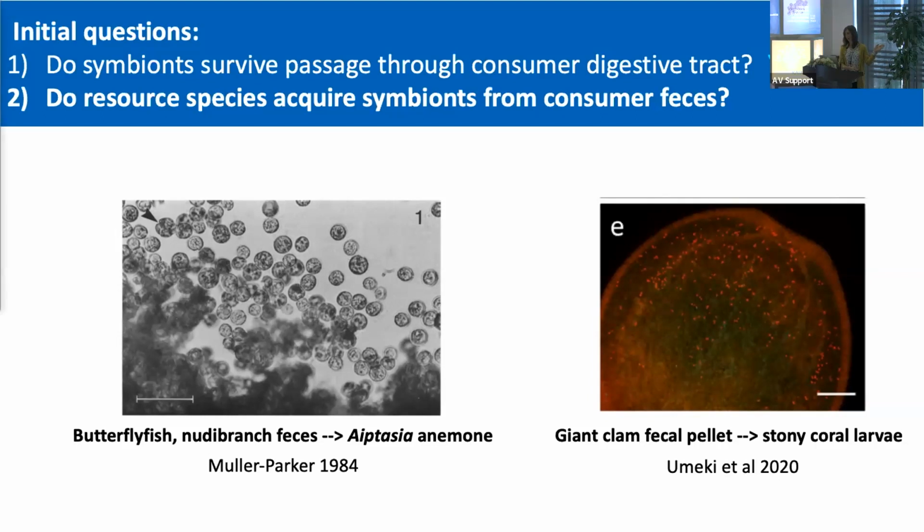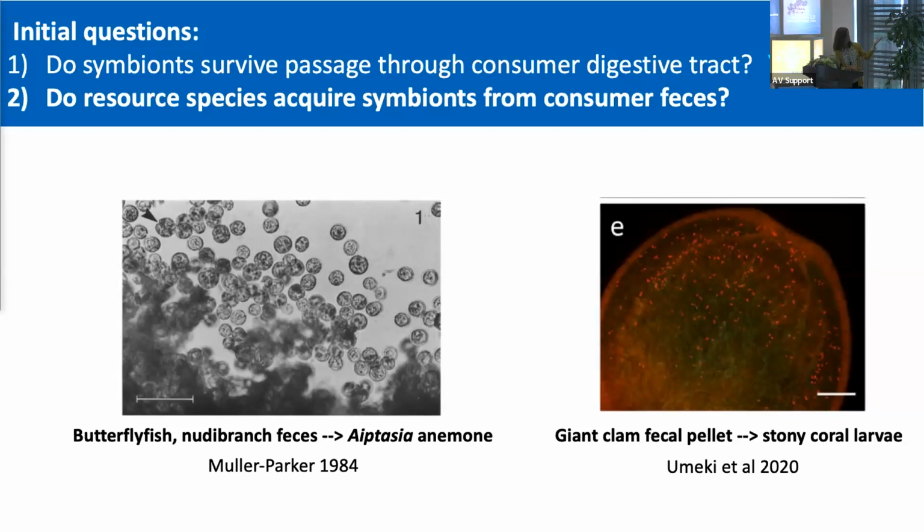I think there's not a lot about this in the published literature. There's nothing that shows that a stony coral will establish microorganisms from the feces of a coral eating fish.